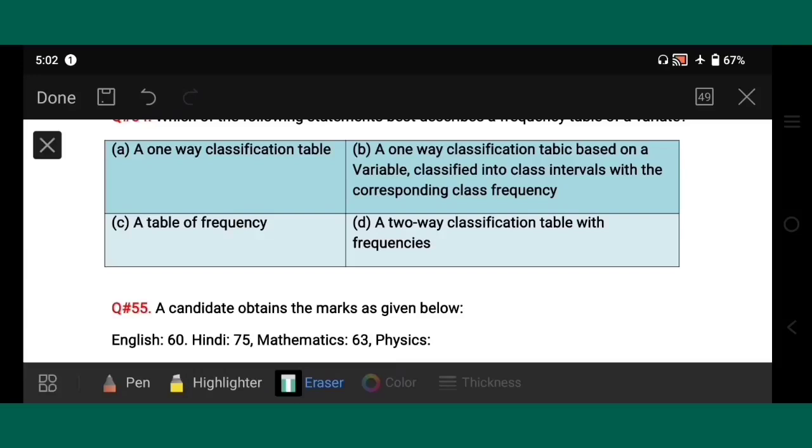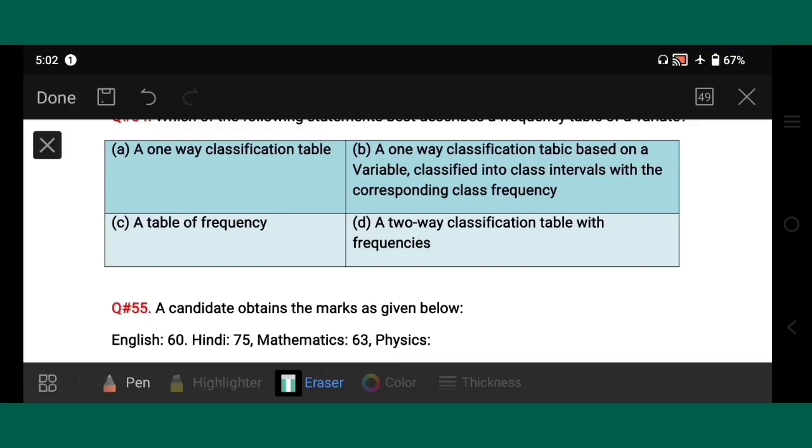Question number 54. Which of the following statements best describes a frequency table of a variate, meaning variable? Option A, a one-way classification table. Option B, a one-way classification table based on a variable classified into classes, into class intervals with the corresponding class frequency.